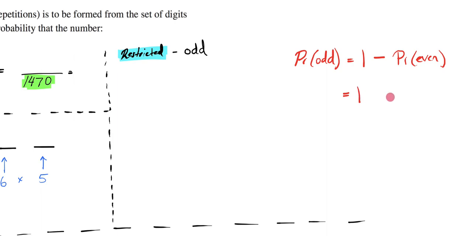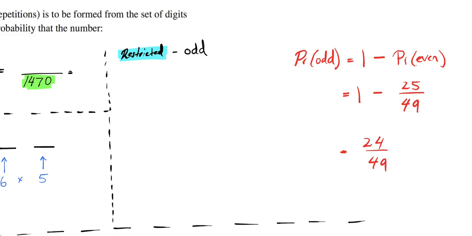Therefore, it's going to be 1 minus 25 over 49, which is going to be 24 over 49. So the answer to B can be solved quite easily by simply doing that quick arithmetic, knowing that 1 is going to equal the probability of the even plus the probability of the odd.